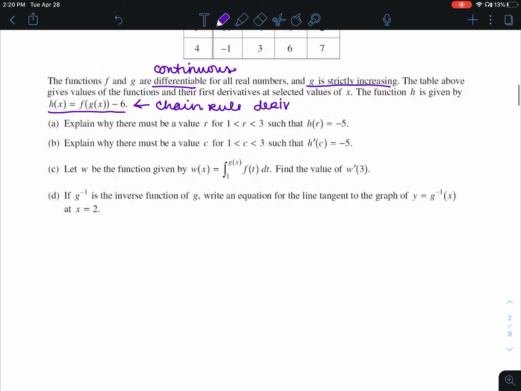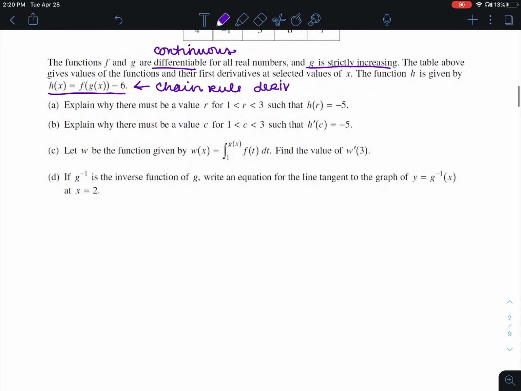Okay, so part A says, explain why there must be a value r for 1 to 3 such that h of r equals -5. So part A is a classic IVT problem. The first thing we need to figure out is h of 1 and h of 3.